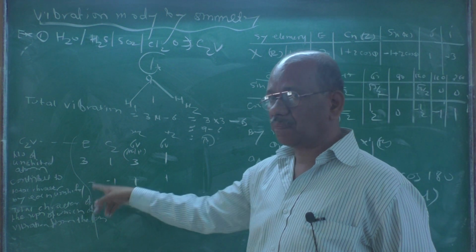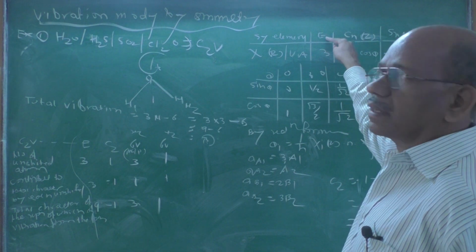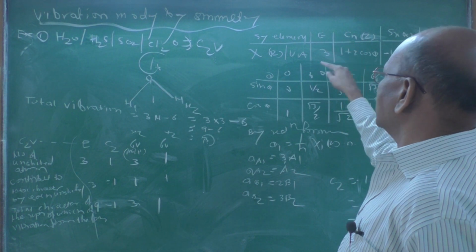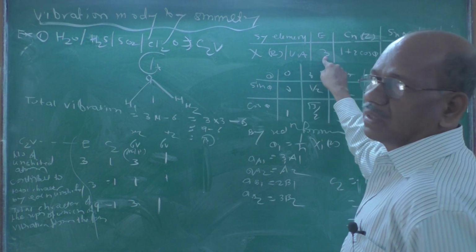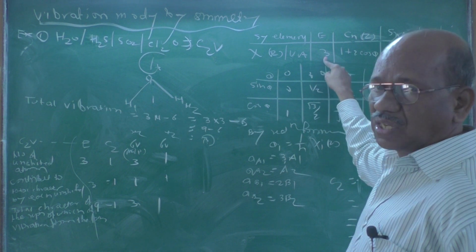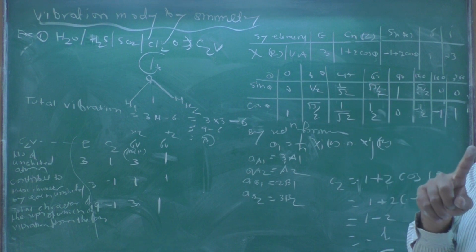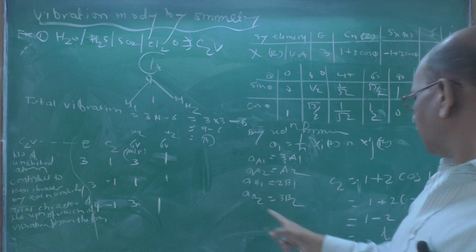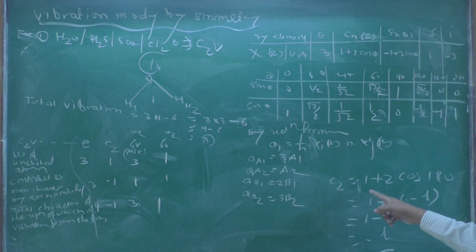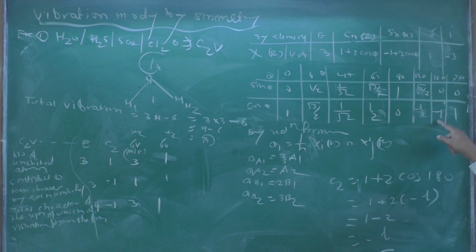How is it 3? It is straightforward. Under identity, the character contribution of an unshifted atom is 3. Then for C2, it is minus 1. In this way, C2 is equal to 1 plus 2 cos 180: 1 plus 2 into minus 1, 1 minus 2 is equal to minus 1.